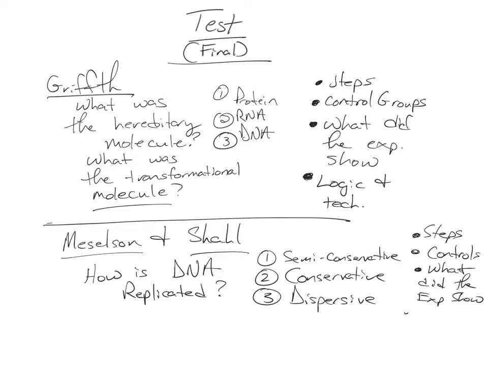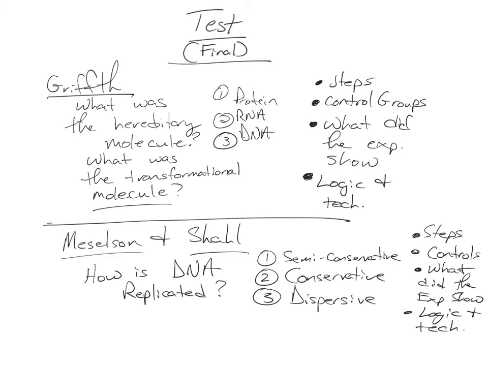And then the logic of each step, and the technology or the technical aspects, right? The density column, the petri dish, growing the bacteria on nitrogen 15, then growing it and transferring it over. Why did they do that? How did that make sense?